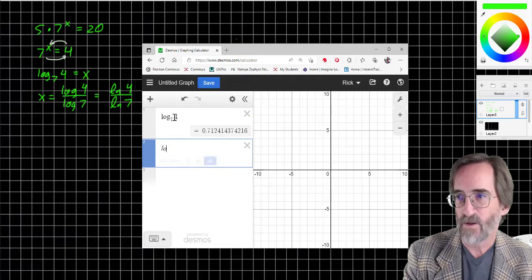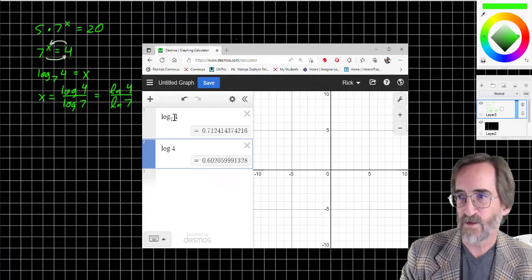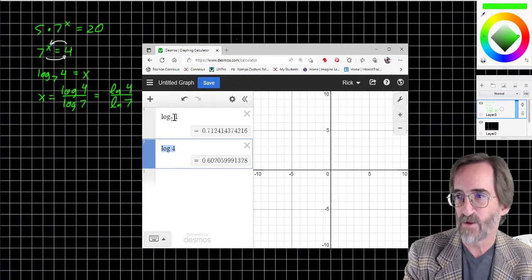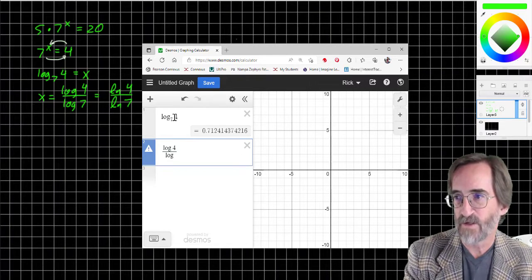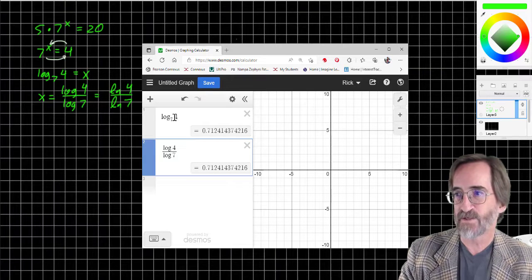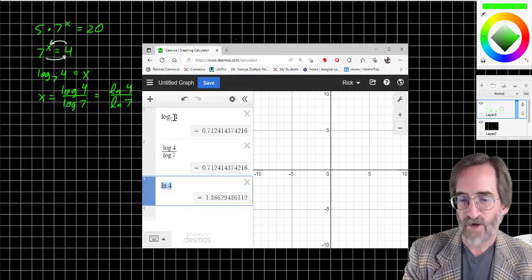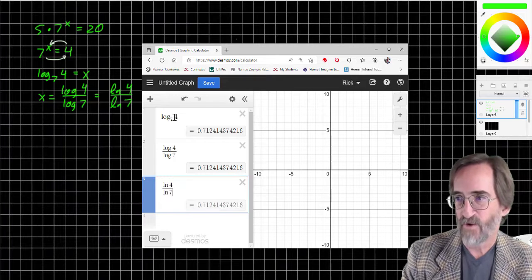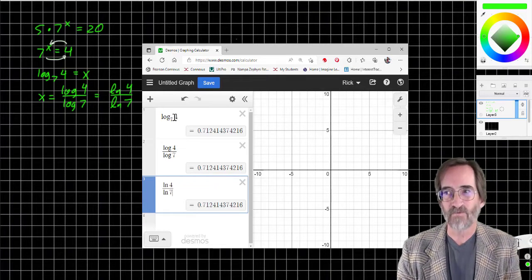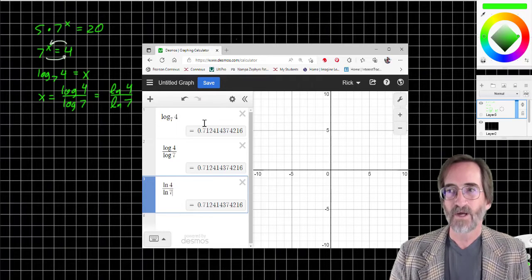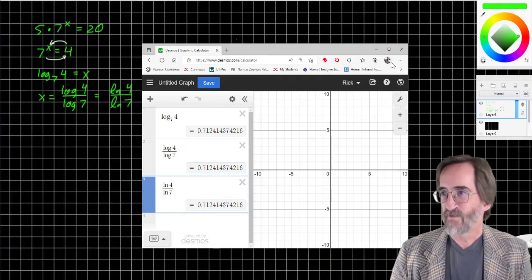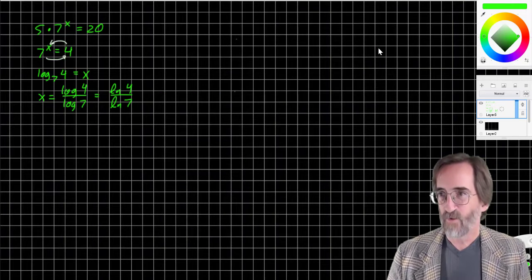Okay, and then log of 4, this is log base 10 when I don't designate the base, divided by log 7. Notice it's the same one. The natural log of 4 divided by the natural log of 7 is also the same. So you can verify that all of these work. All right, so there we have it. It's about 0.712.